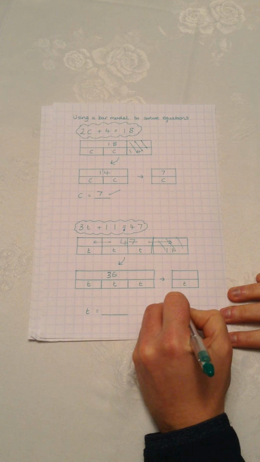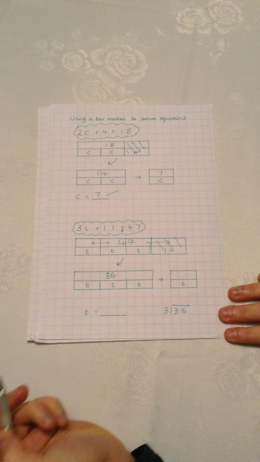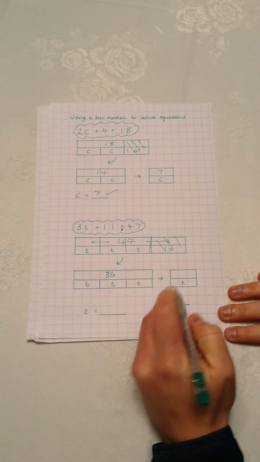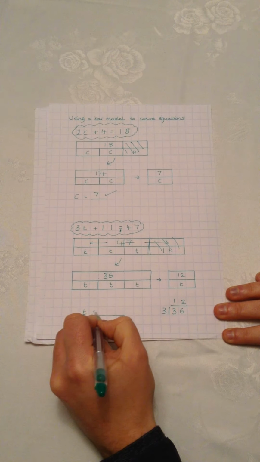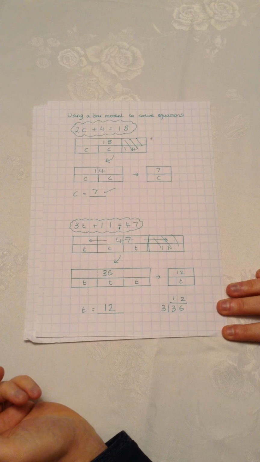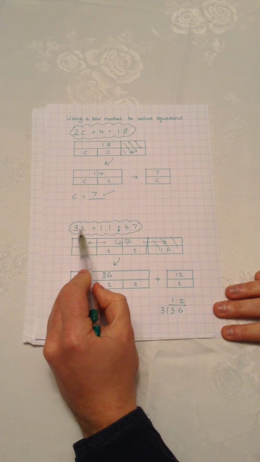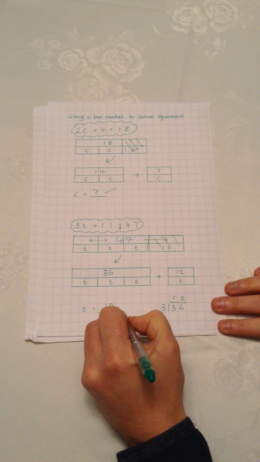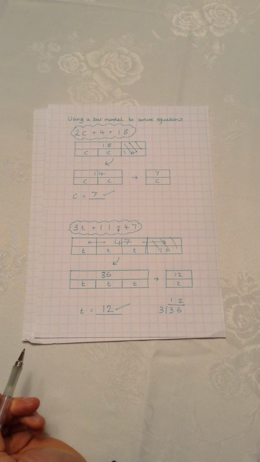If not, what we can do is use our written method. 36 divided by 3. 3's into 3 goes 1, 3's into 6 goes 2, nothing left over, therefore t must equal 12. And again, if I want to check that, 3 times 12 is 36, add 11, 47. I'm happy that 1t must be 12.